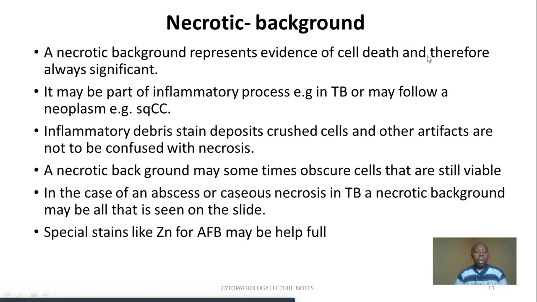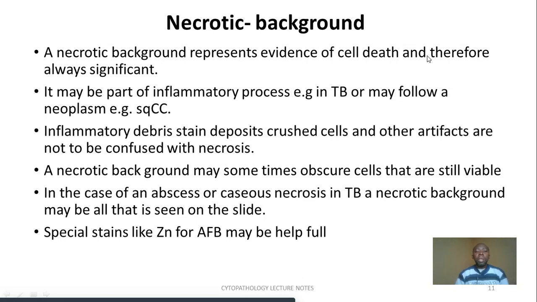In most cases such slides are rejected when you find that the necrotic background or necrotic substance is obscuring over 75% of the cells. Then we cannot go ahead. So in preparation of these slides, we need to take caution and care of how we prepare so that we do not make our slides unfit for analysis.